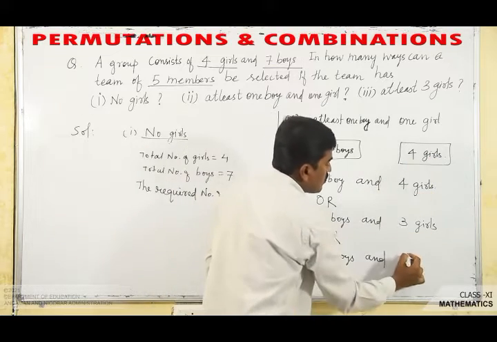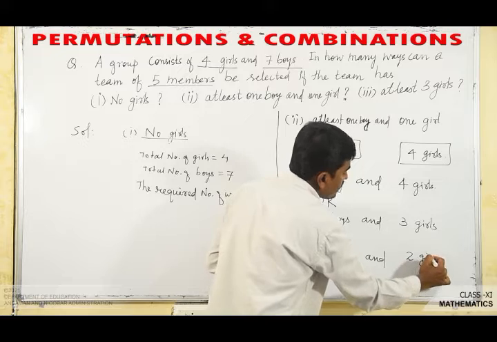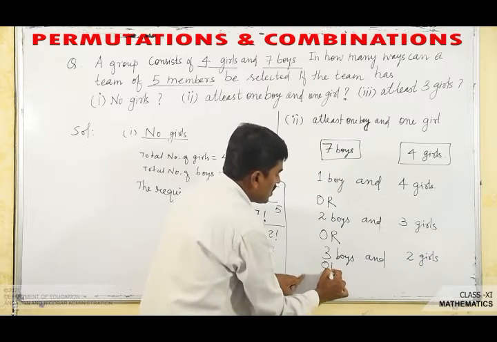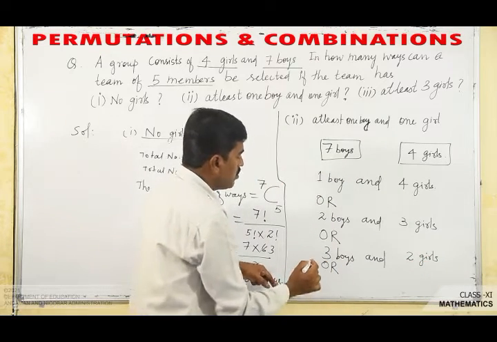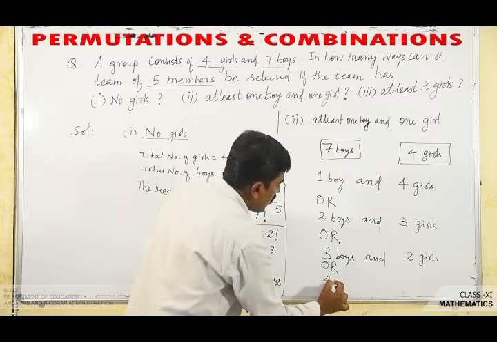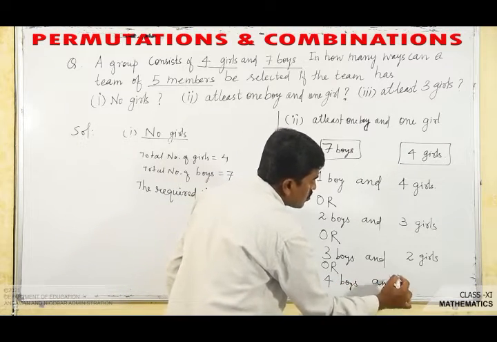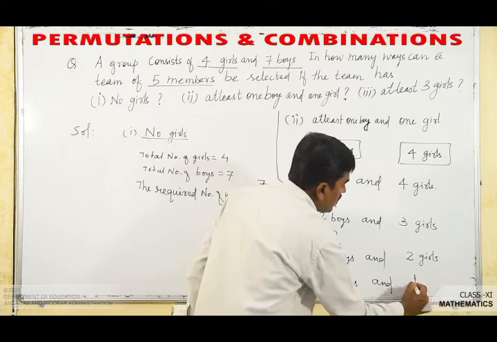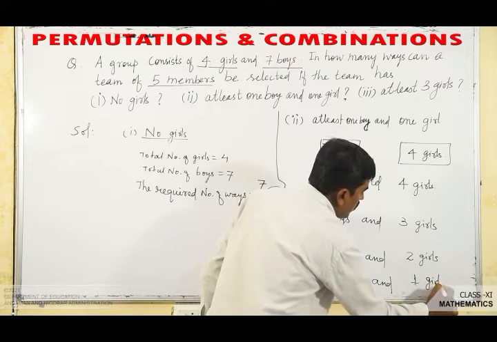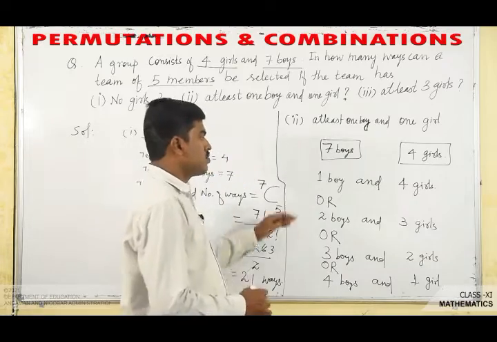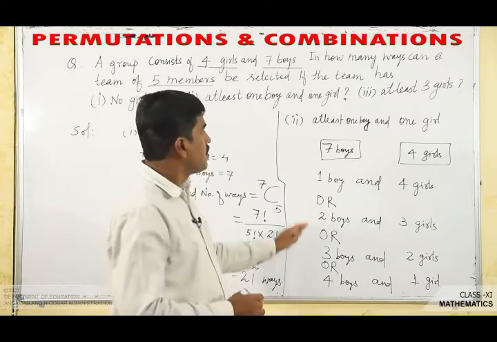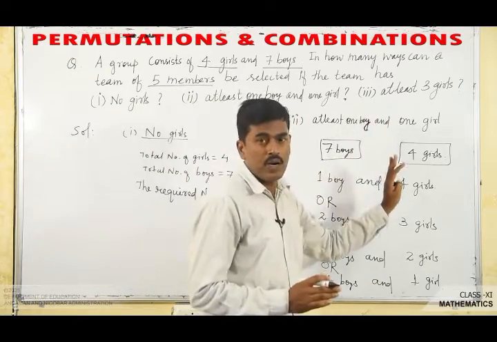Out of these 4 girls, we have to select 2 girls. Or we have to select 4 boys and how many girls? To complete the 5 members, 1 girl. Okay, only 1 girl. So in all these cases, there is at least one boy and one girl.